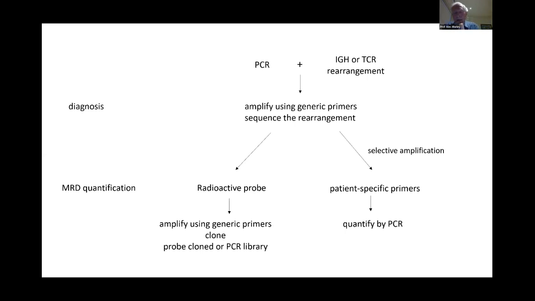The most popular method was to amplify the rearrangement with generic primers, produce a radioactive probe, and then detect residual disease. Initially, this was done by producing clonal libraries and probing individual clones, because this was a well-established molecular technique in molecular laboratories.